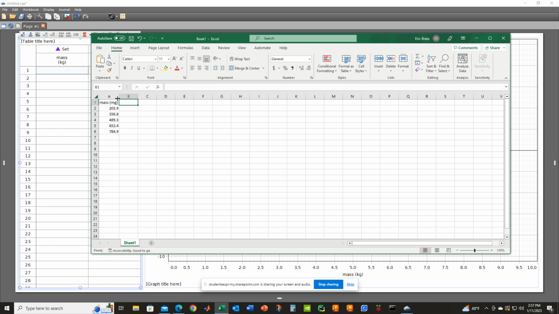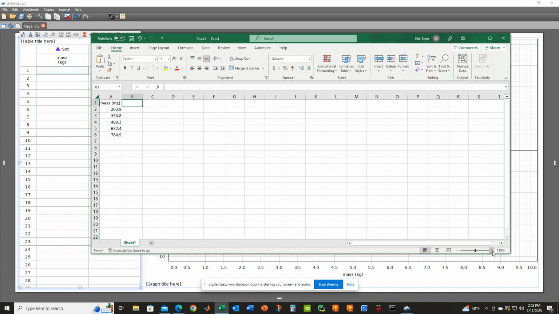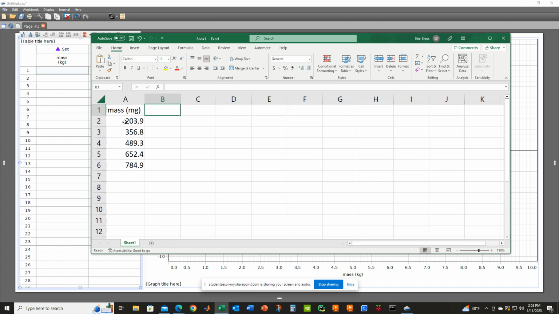The first thing I want to do is convert this mass over. Let me make this a little bit bigger so you guys can see it. Just like on the iPad, I can just drag this over, and I want to change this to kilograms.